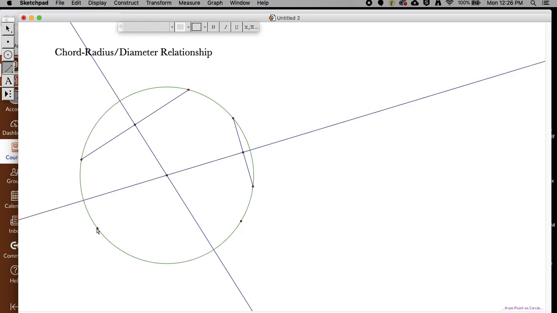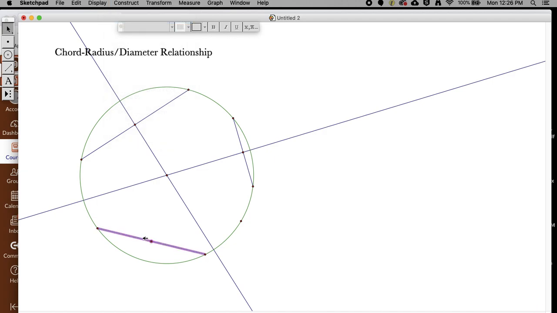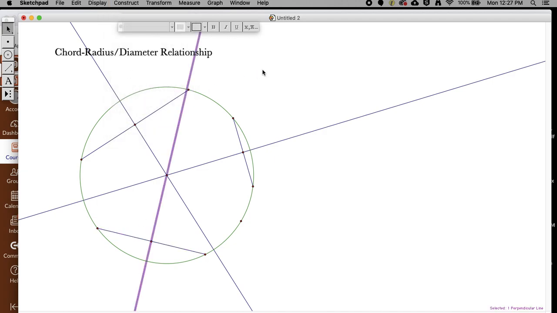Are you guys predicting what I'm predicting? I'm going to construct my midpoint and my perpendicular line through there, and voila. So what is happening is that if you construct a perpendicular bisector through a chord, it's always going to pass through the center.